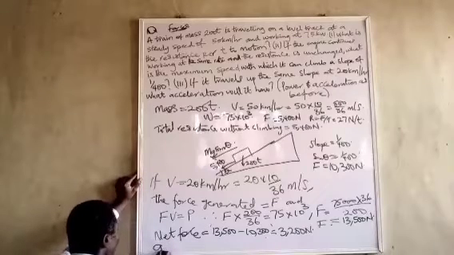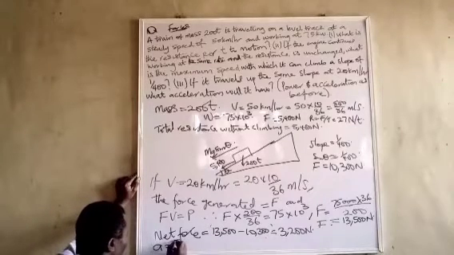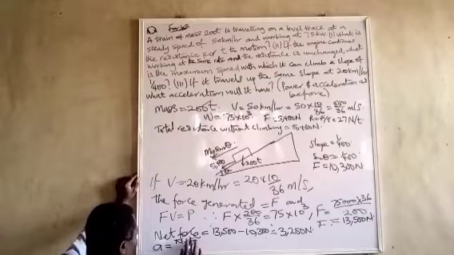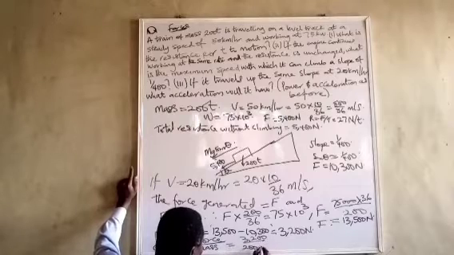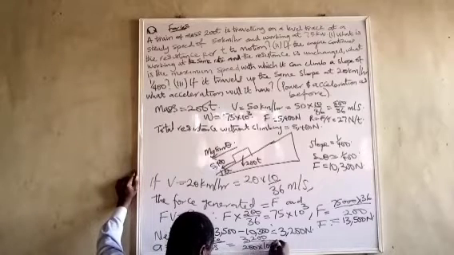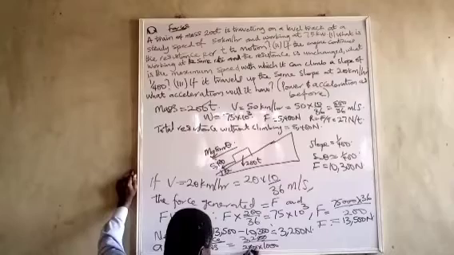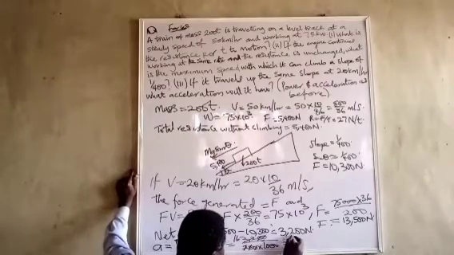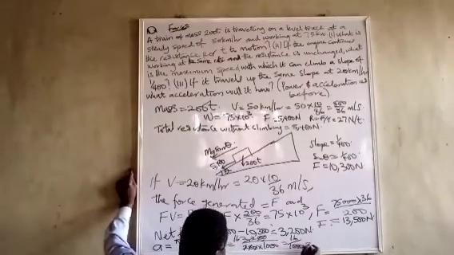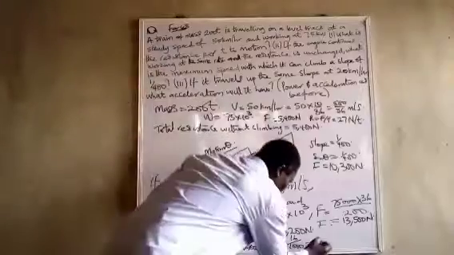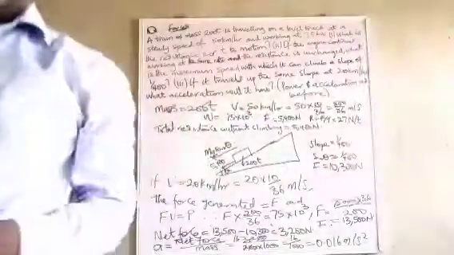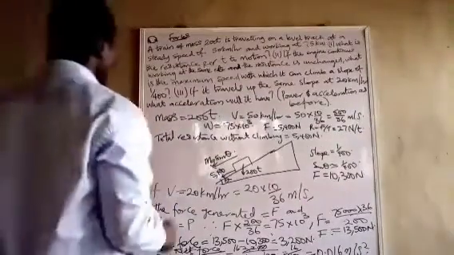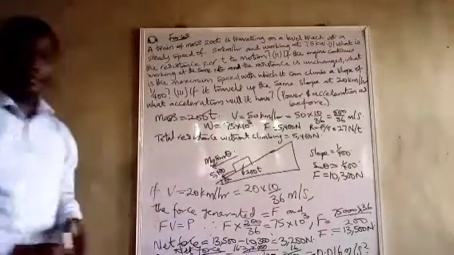So acceleration will be equal to net force over mass, which is equal to 3,200 over 200 tons, which is 16 over 1,000, which is equal to 0.016 meters per second squared. So you can see, you just need to take it in tons and you arrive at your answer.